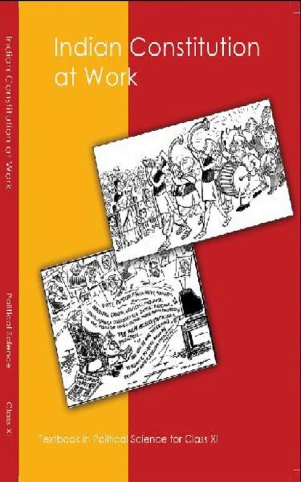Then the third kind of discretion arises more out of political circumstances. Formally, the President appoints the Prime Minister. Normally in the parliamentary system, a leader who has the support of the majority in the Lok Sabha would be appointed as Prime Minister and the question of discretion would not arise. But imagine a situation when after an election no leader has a clear majority in the Lok Sabha.